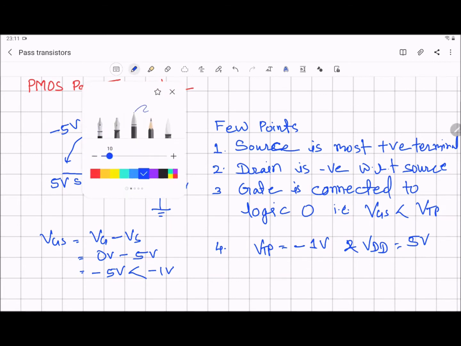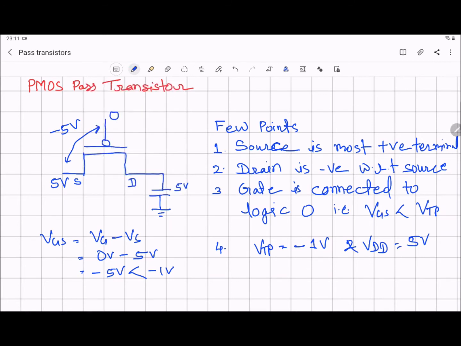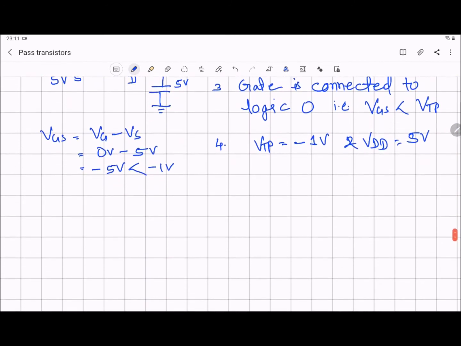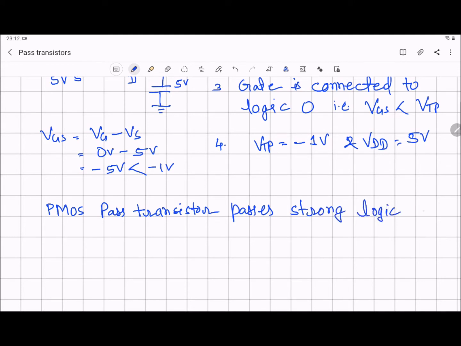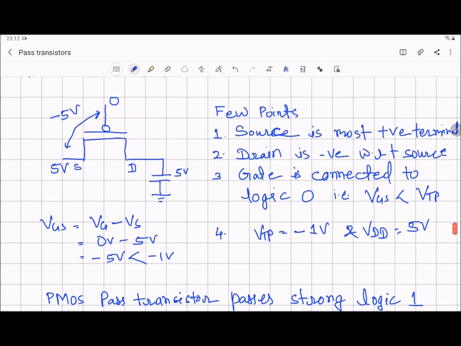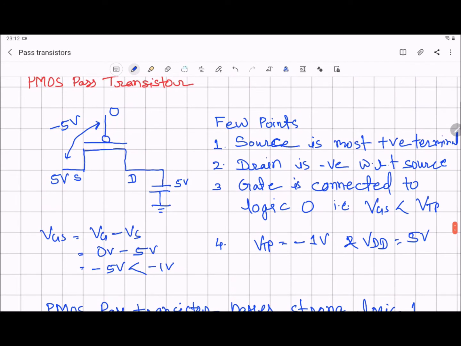So I can say that PMOS pass transistor passes strong logic 1.